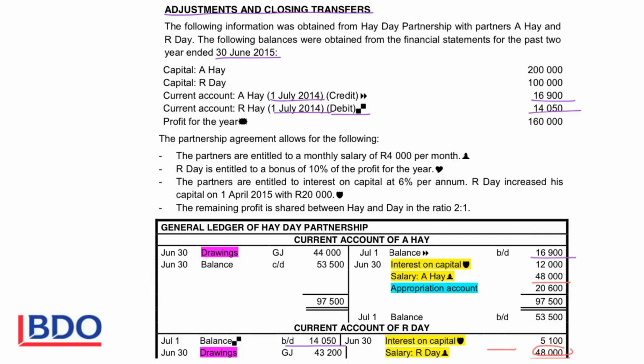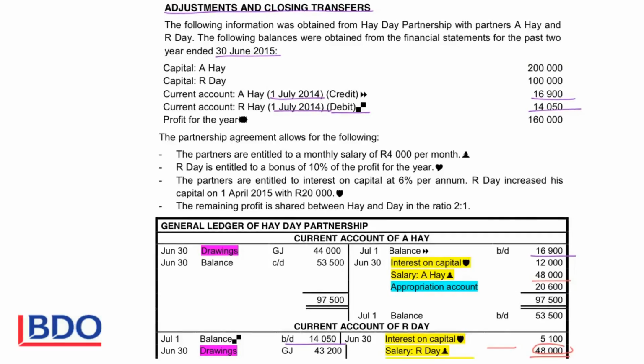The profit for the year is 160,000. And then they say that our Day is entitled to a bonus of 10% of this profit. So 10% of 160 will give me 16,000 Rand.